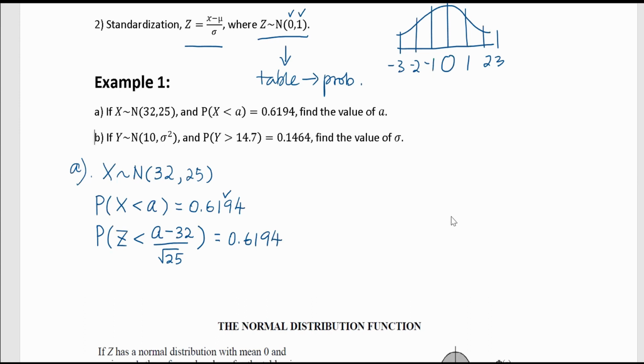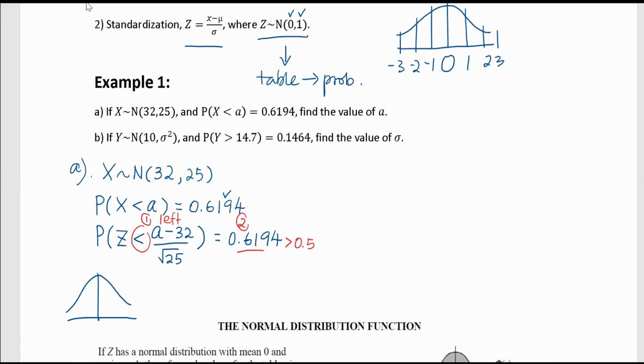Okay, so now I'm going to sketch the bell-shaped curve. There are two things I'm looking at when I'm sketching the bell-shaped curve. First thing, I'm referring to the direction. Since it is less than, it is moving towards the left. Then second thing, I'm looking at the probability to see whether it is more than 0.5 or less than 0.5. In this case, it's more than 0.5.